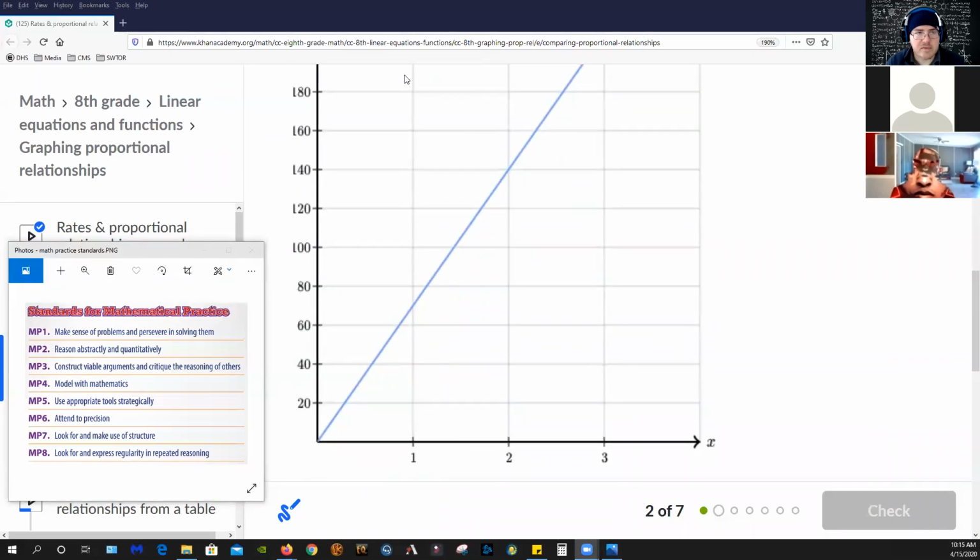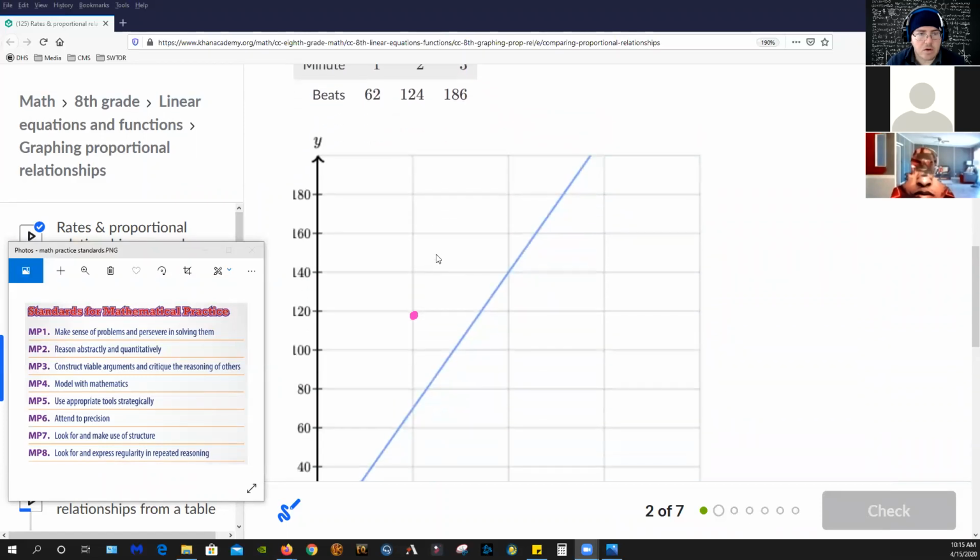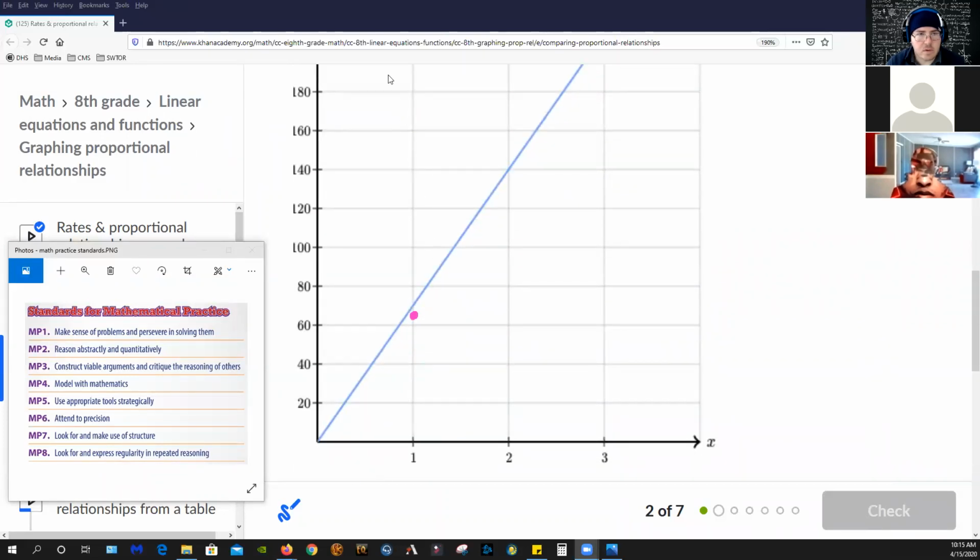I'm gonna write that stuff down again down here so we can all see it. So at 1 minute, she had 62 beats, which is really close to this blue line. But I bet it's more like in here. It's tough to say exactly. And then I believe at 2, it said 124 beats.